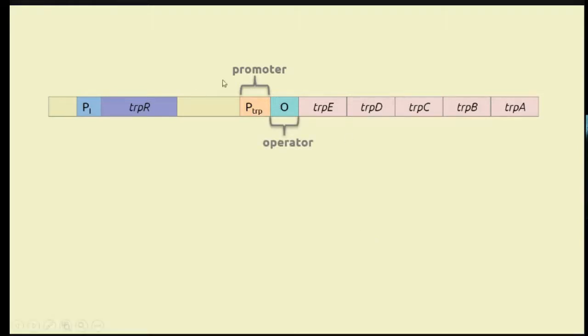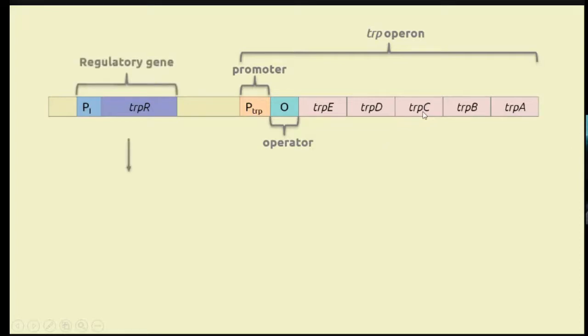Again, meron ka ditong promoter region. Diyan nagbabind yung RNA polymerase. Sa operator, diyan nagbabind yung repressor protein. At ito yung genes mo involved in your tryptophan synthesis. Hindi nyo naman kailangan isa-isahin kung ano yung pinaproduce nitong genes na to. Ang isipin nyo lang, ang genes na yan ay related sa pag-synthesize ng tryptophan.